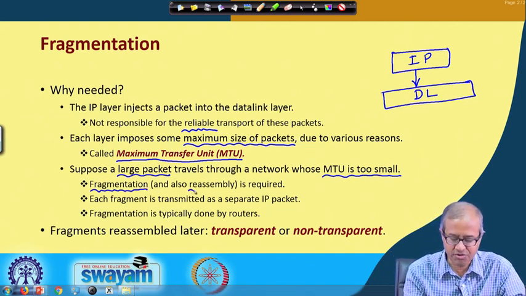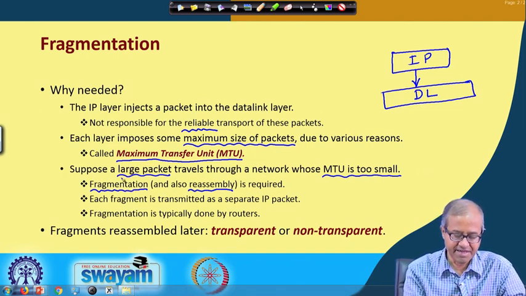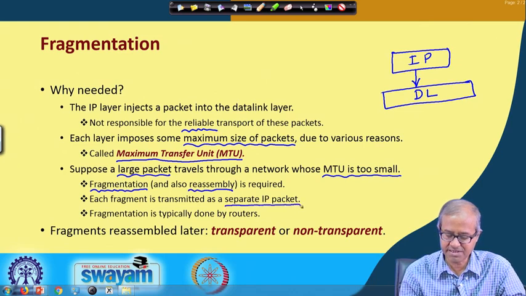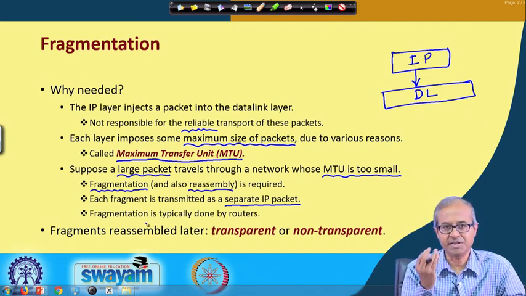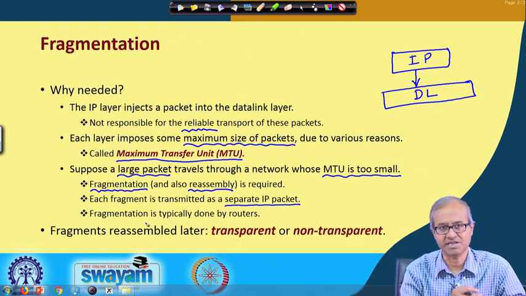That part is called reassembly. So, fragmentation and reassembly, and each of these fragments that are created are treated as separate IP packets and are transmitted separately. And this fragmentation is typically done by the routers when it receives a packet from some other network and wants to route it inside the network or maybe to the next network, right.